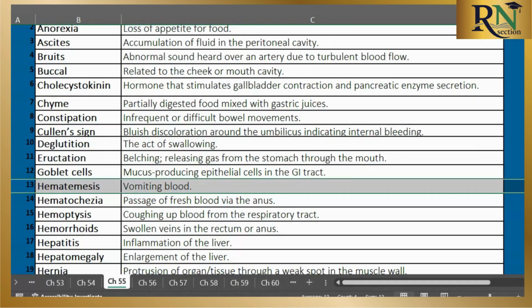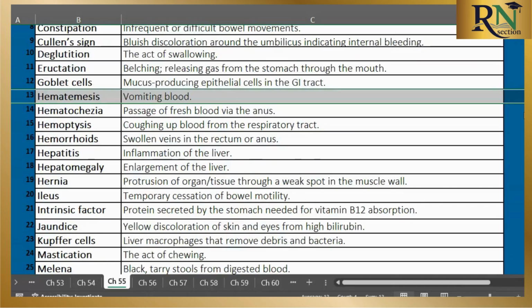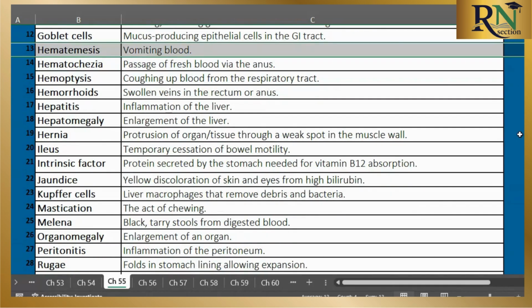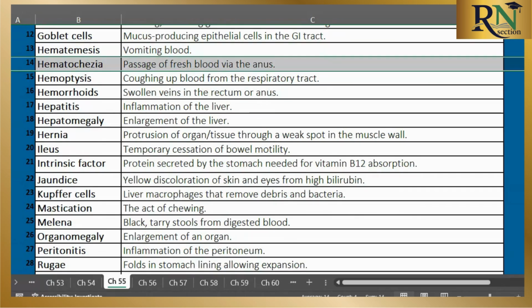I'm moving down slowly. Hematochezia: passage of fresh blood via the anus. So hema is the blood, and chezia is the stool.